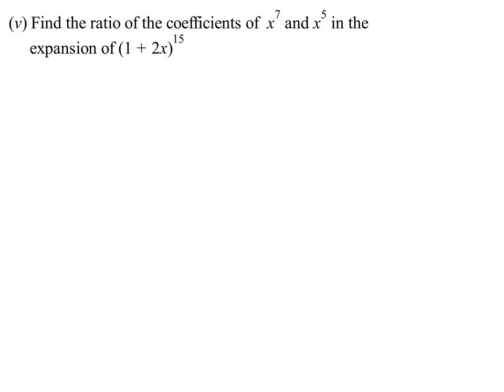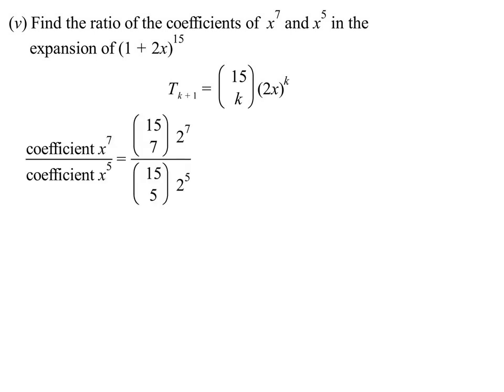Find the ratio of the coefficients of x to the power of 7 and x to the power of 5. There's my general term. Just interested in the coefficients, which will be the 15Ck times 2 to the power of k. The ratio, write it as a fraction, is probably easier to work out. This one I will have to put in the factorial notation. The 2 to the power of 7 and the 2 to the power of 5 is easy enough.